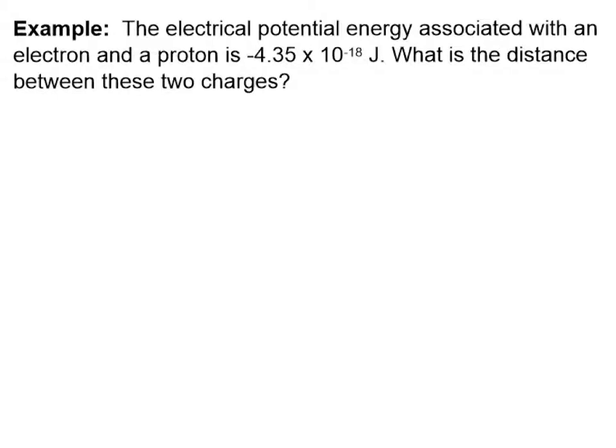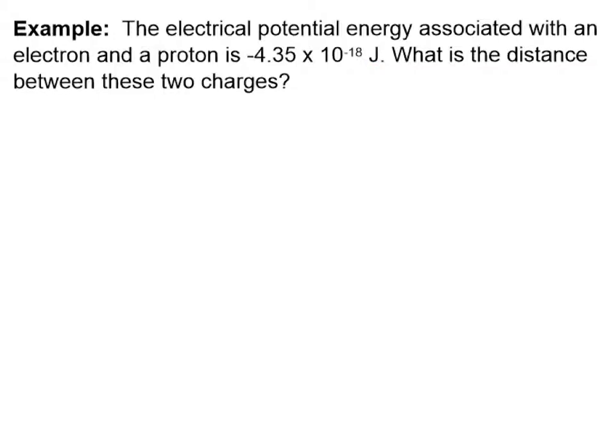Let's do a sample problem together. The electrical potential energy associated with an electron and a proton is this many joules. What is the distance between these two charges? Well, I need to write down the things I know, and from the problem, all I'm given is the electrical potential energy.